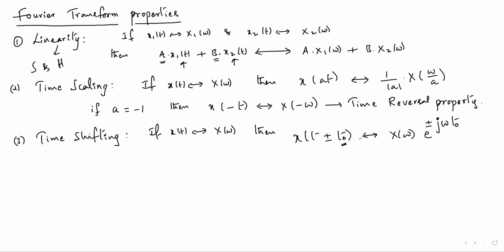Observe here, t naught is a shifting constant. Remember, in time domain, omega should never come. In frequency domain, t should never come. Here, t naught is constant, not variable.